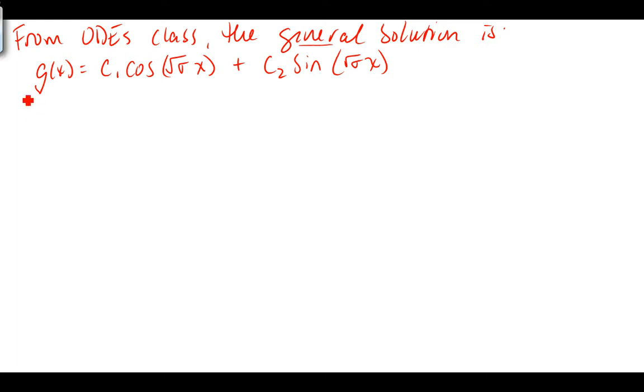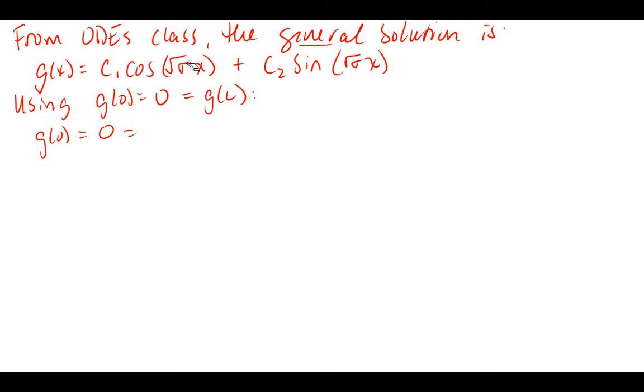So of course, let's use our two initial conditions, using g of 0 equals 0, and g of L is also 0. What do we get? So if I do g of 0 equals 0, what does that mean? Well, if I run 0 through this, remember sine of 0 is 0, so it's going to kill off the C2.